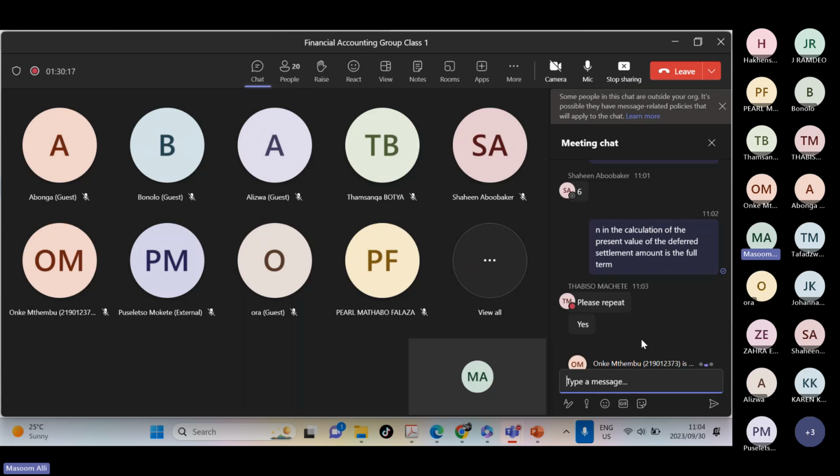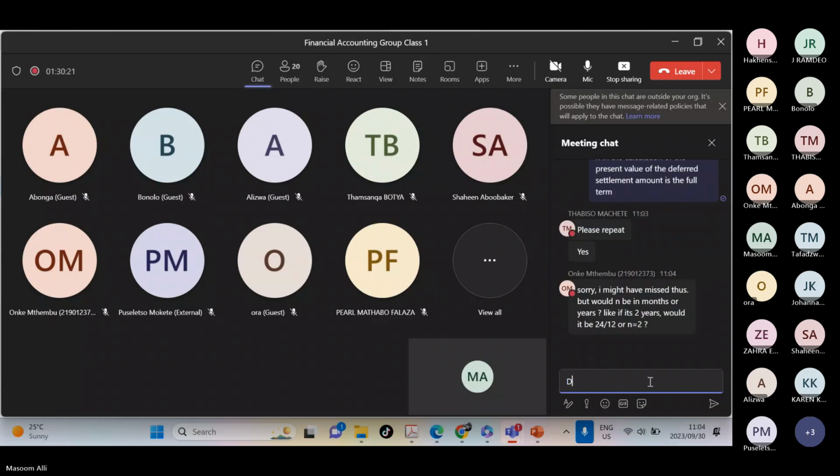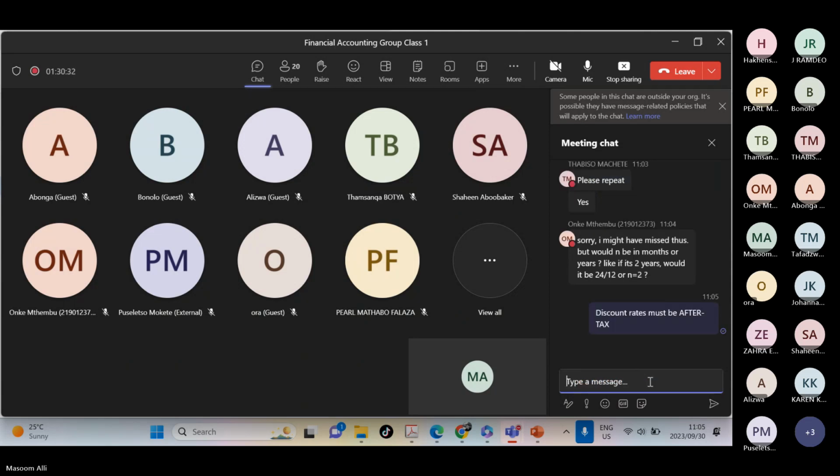Now, your discount rate must be after tax. That's another thing that is important for you guys to take note of. You have to have an after-tax discount rate, not a pre-tax discount rate.